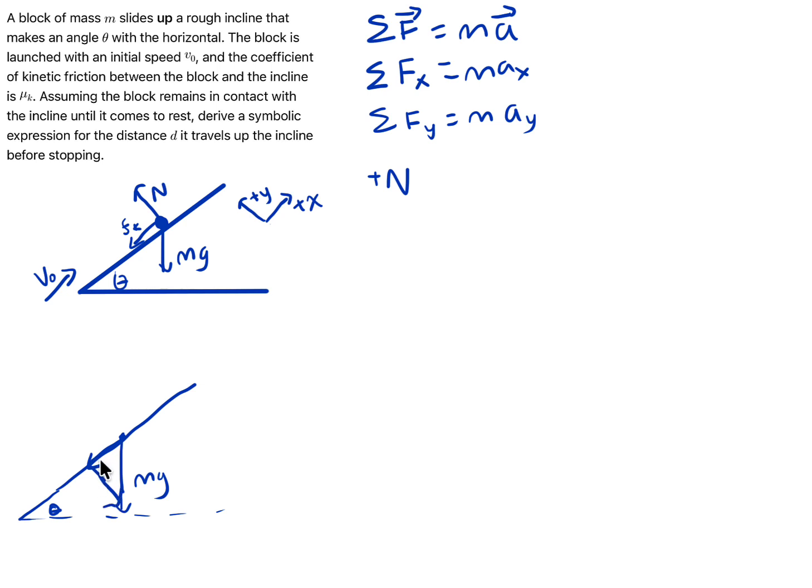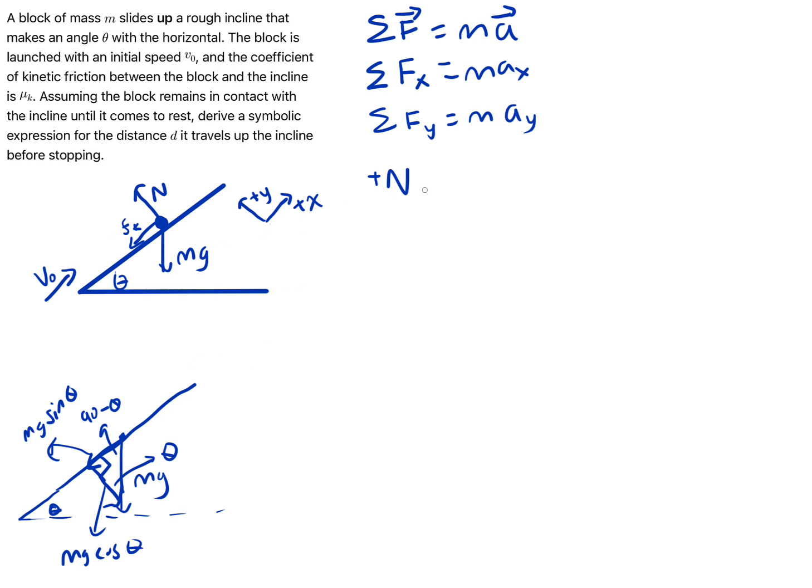This is a 90-degree angle here, so this angle is 90 minus theta, which means this angle is just theta. Using trigonometry, we can find that the x component is just mg sine theta, and the y component is mg cosine theta.